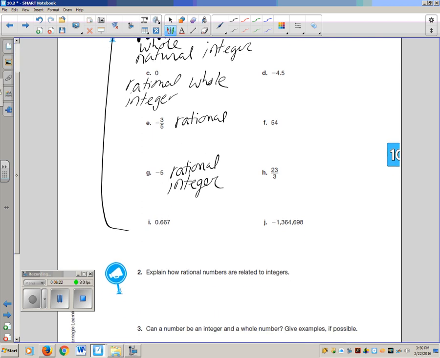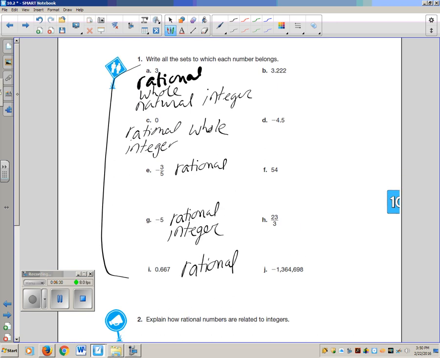It's not a counting number. It's not an integer because it's not a whole number. It is only rational. Okay? Try those for practice, then check your answers in the textbook.